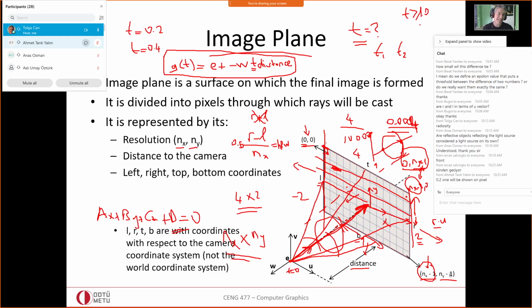If t is less than 1.0, it means somehow our camera got into a sphere, and there's a sphere inside the camera. We shouldn't be able to see that. We don't want to display that. We want to display on the image plane only things that are in the front. Just think about this whole thing.